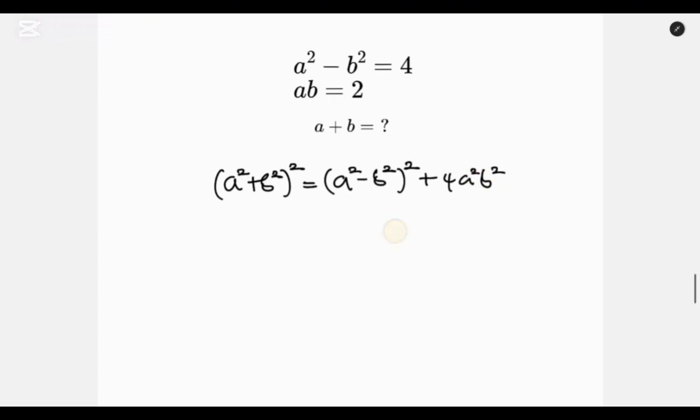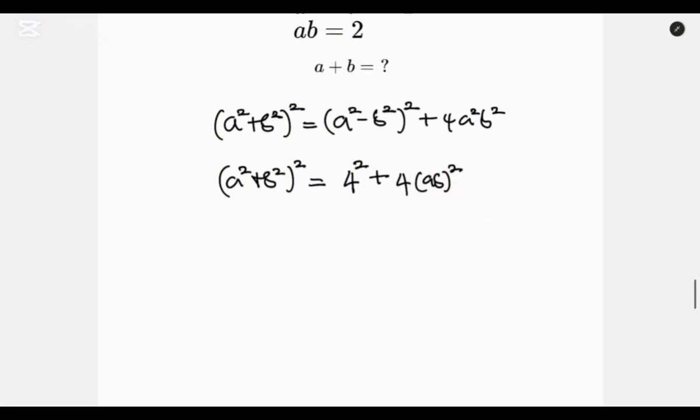Now let's substitute. So this becomes (a squared plus b squared) all raised to the power of 2 equal to, now a squared minus b squared from our first equation is 4. So I'm going to be putting 4 here and it is raised to power 2, so we square that, plus 4 times a squared b squared. A squared b squared is the same as a times b all squared.